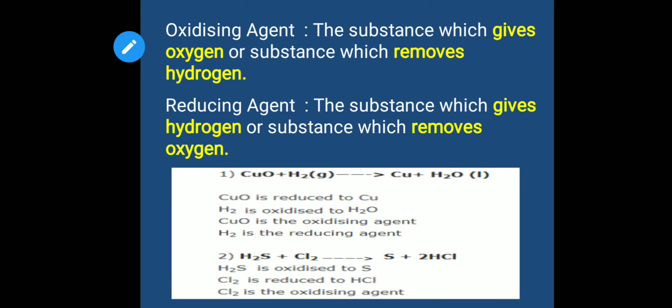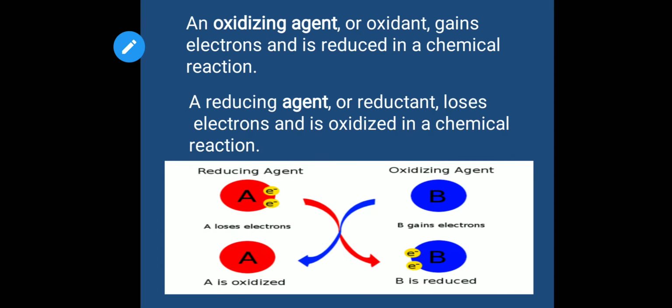Next, we can make another definition of oxidizing agent and reducing agent. An oxidizing agent or oxidant gains electrons and is reduced in a chemical reaction, meaning the oxidizing agent gains electrons and itself is reduced.